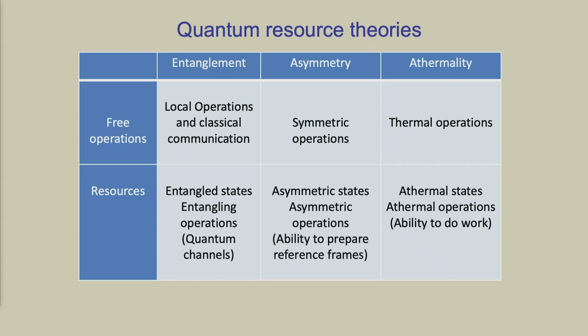So in entanglement theory, if you give me local quantum operations and classical communication for free, then entangled states, non-separable states, are a resource. But also operations, bipartite operations that are entangling, are not free. So you can pick out which quantum channels are resources. And you can think of all the things in this set and ask how they're related under processings that are free. The free stuff is what you allow an arbitrary quantity of. Right? So you're allowed to use that stuff as much as you like.